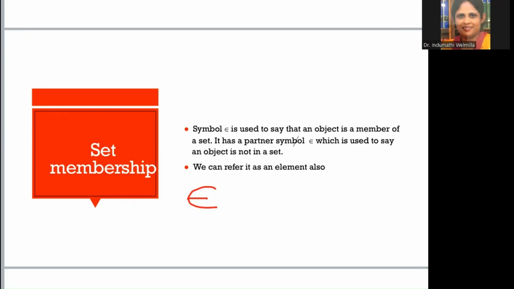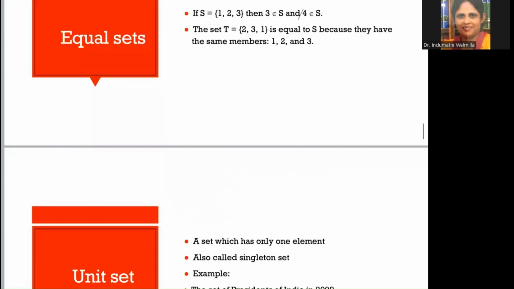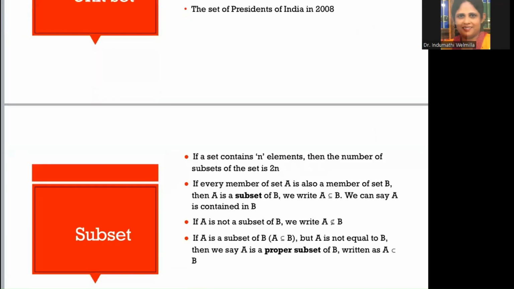We can refer to it as an element also. Next we understood universal set, equal set, subset, and union of sets.